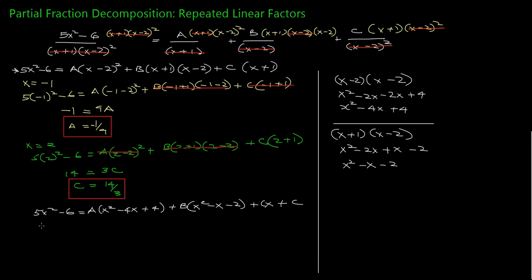So expanding the values, we have 5x squared minus 6 is equal to ax squared minus 4ax plus 4a plus bx squared minus bx minus 2b plus cx plus c.